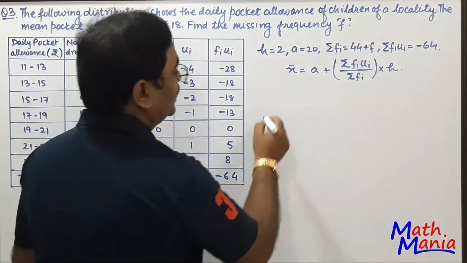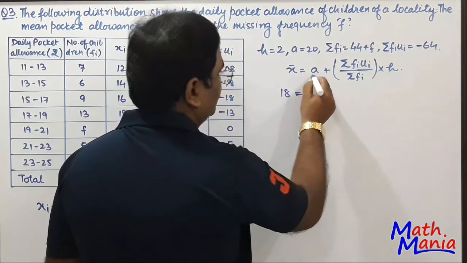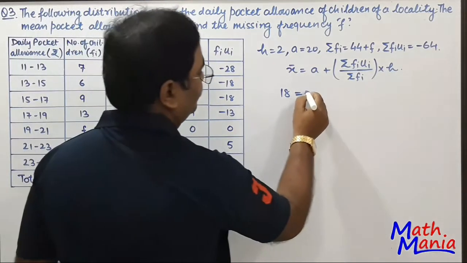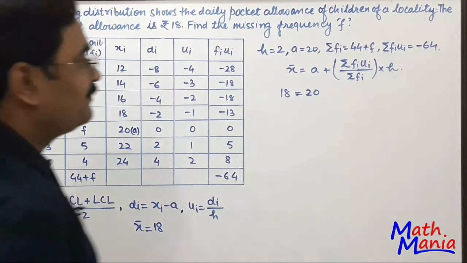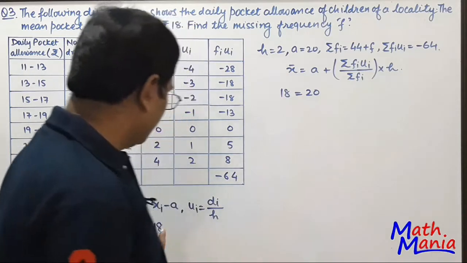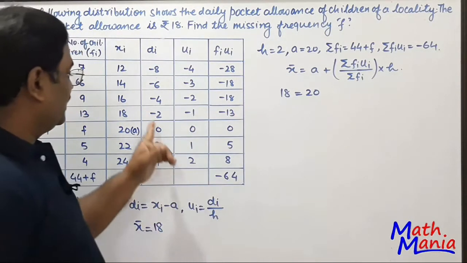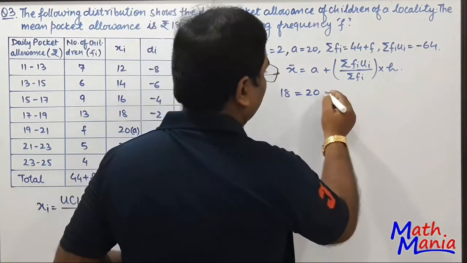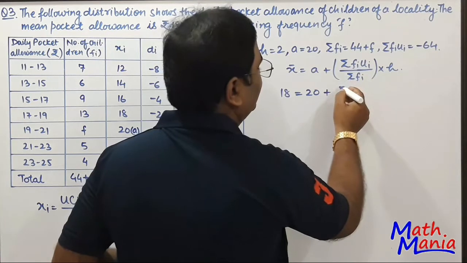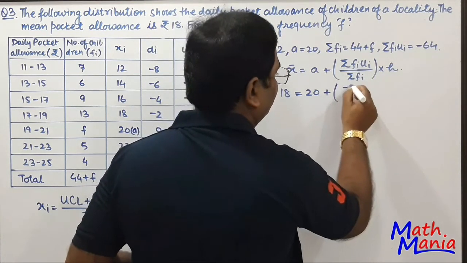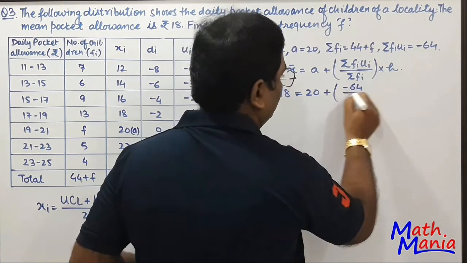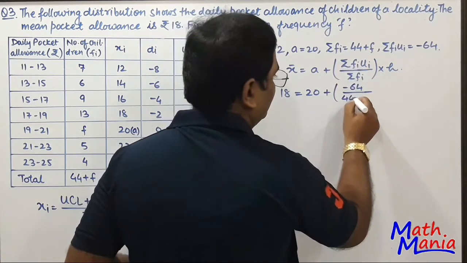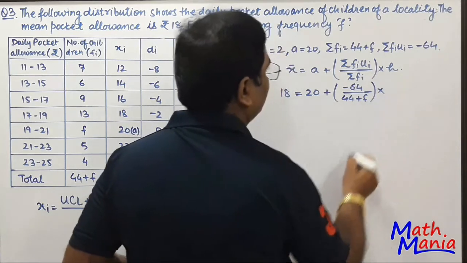So substitute: 18 equals a, the value of a is 20, plus sigma fiui, which is minus 64, divided by sigma fi, which is 44 plus f, multiplied by h, h is 2.